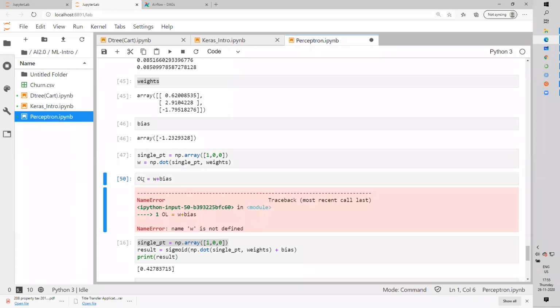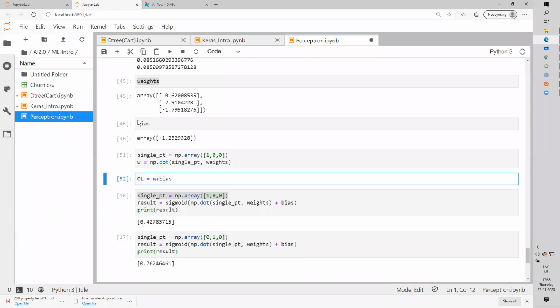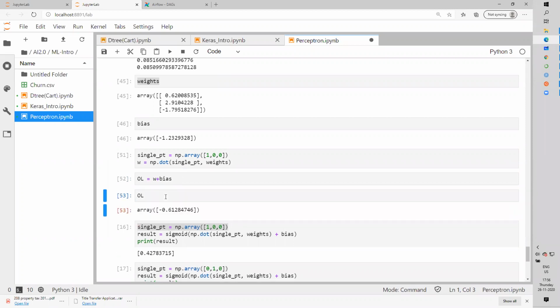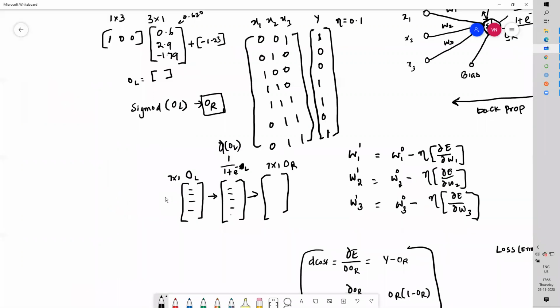So this is the output generated, and let's look at this value. Our value of OL is minus 0.6. When we multiply this with this column matrix and add the scalar, we got minus 0.6.